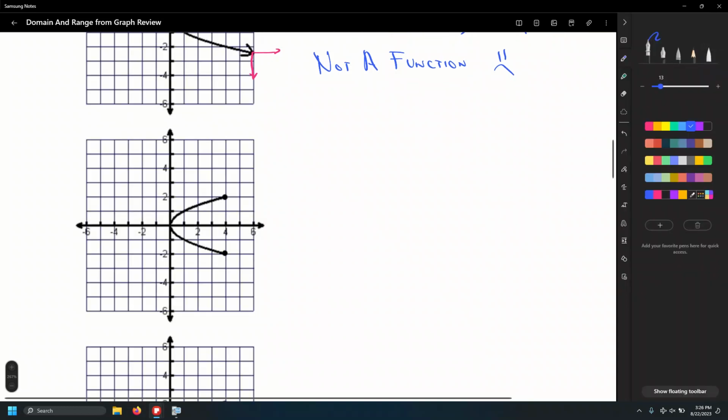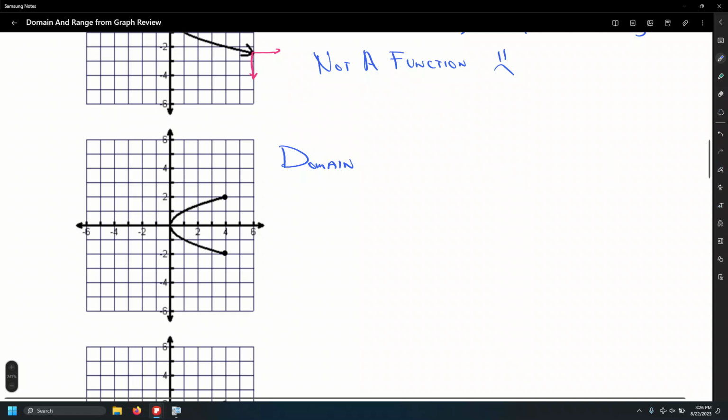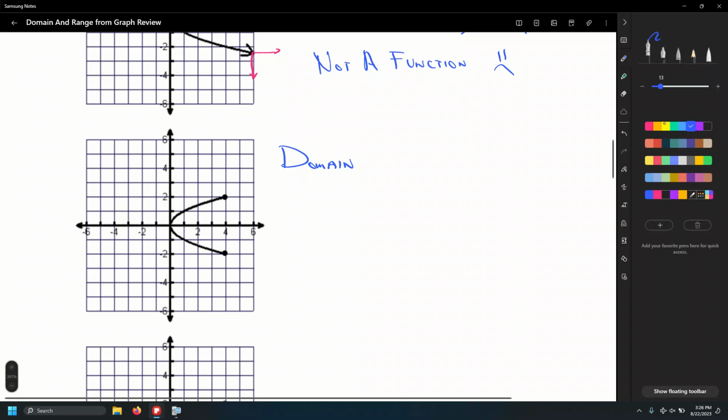All right. So domain. If it works for you, you might want to draw the imaginary bounds, so you can, in a way, delimit the window of your function. In this case, notice how it goes from 0 to 4.